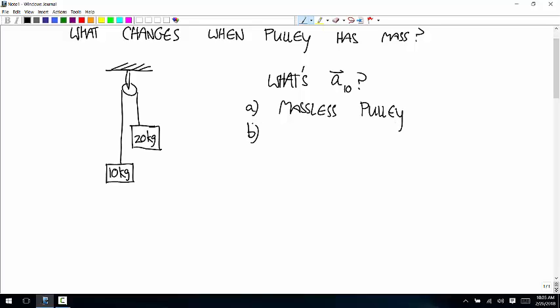And then second, we'll do it assuming that the pulley has a mass of 1 kilogram. That's pretty heavy. And a radius of 5 centimeters.